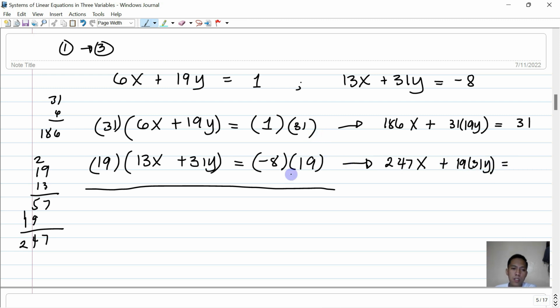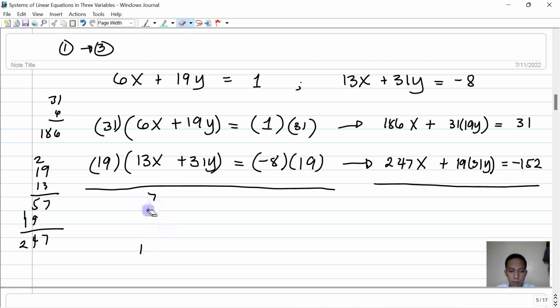And this is 19 times negative 8. So 8 times 9 is 72, and we have 8 times 1, 8 plus 7, that is 15, so negative 152. Okay, so we have this now.